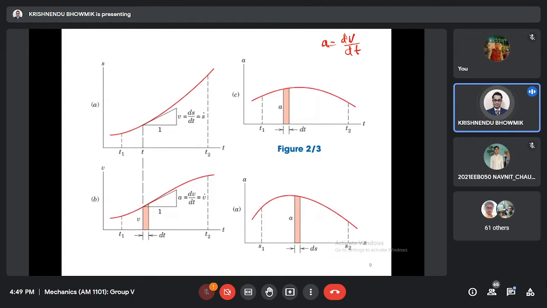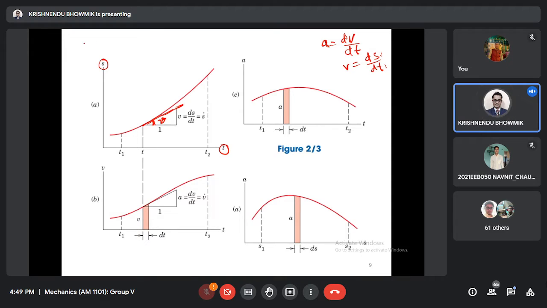A will be the slope of the curve, or maybe v equal to ds dt, slope of this s-t curve. So this is the s, this is the t. At this particular point, if you draw one tangent, then this slope will give the instantaneous value of v.